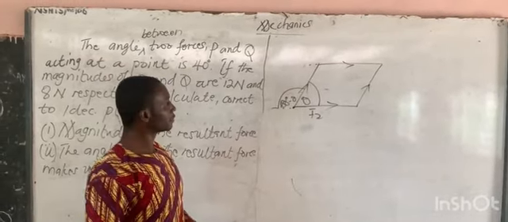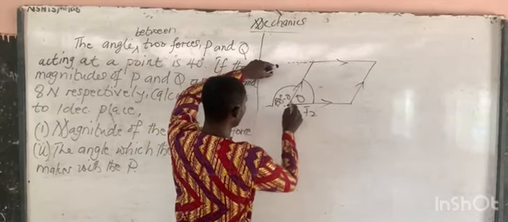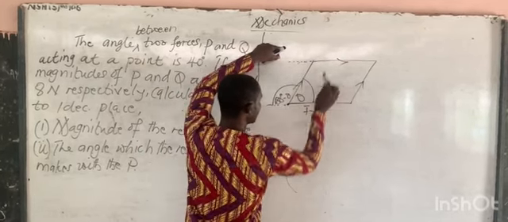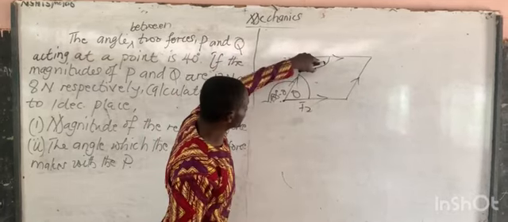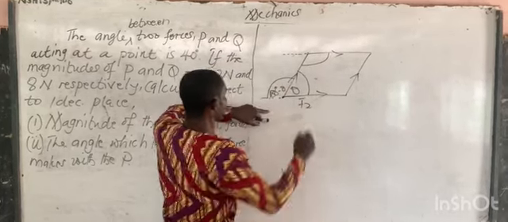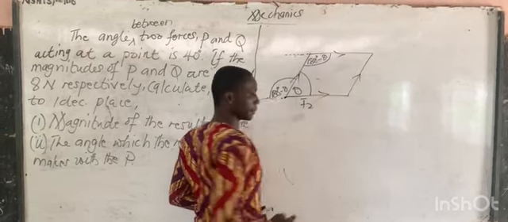If you extend this line a little, you see this line is parallel to this, so this angle and that are alternate angles. Here will be 180 degrees minus theta.